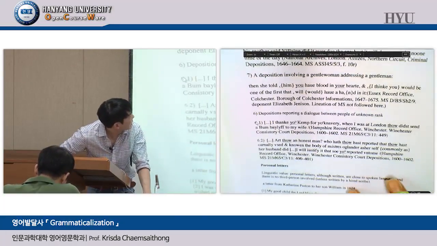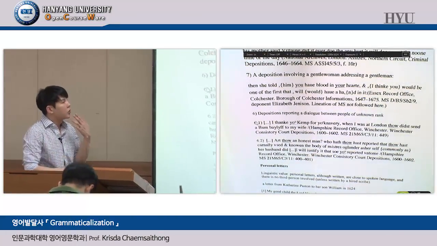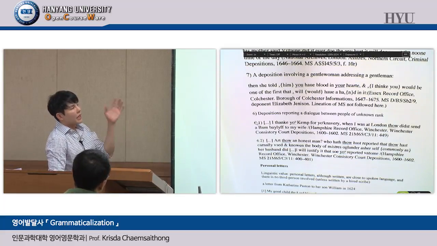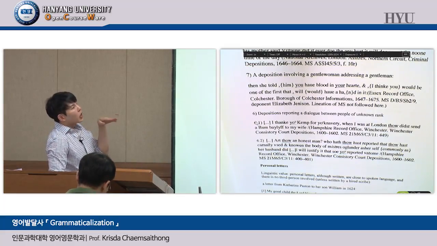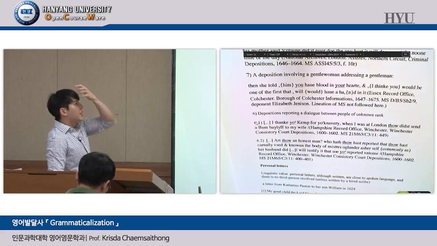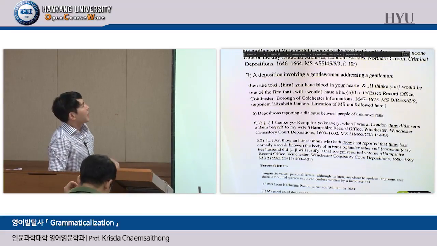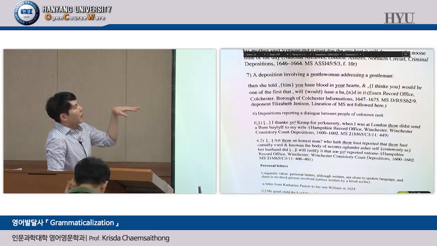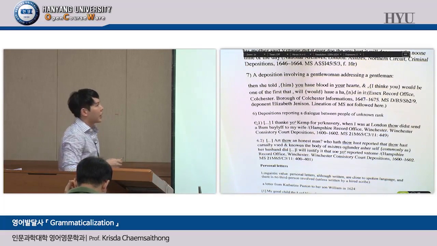Number 7 is a conversation by two people of the same rank, a gentlewoman and a gentleman, so higher than just commoners, right? Higher than ordinary people, like that. So we have, then she told him, "You have blood in your heart. I think you would be one of the first that will have a hand in the murder," like that, right?